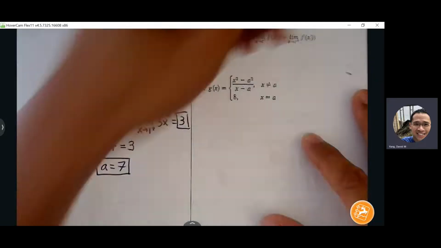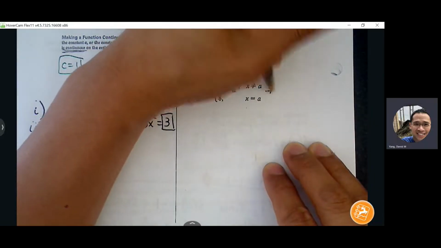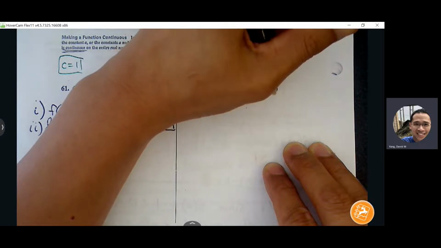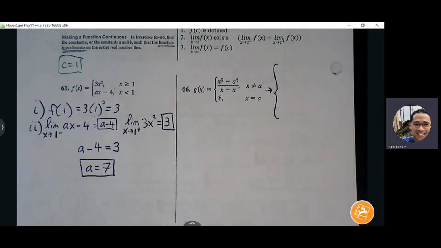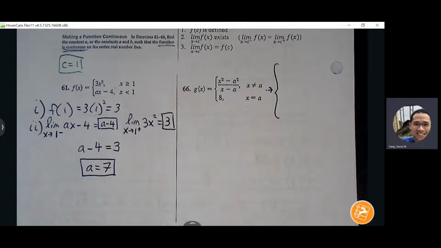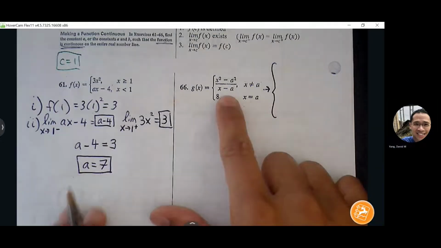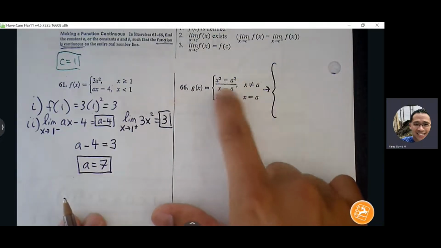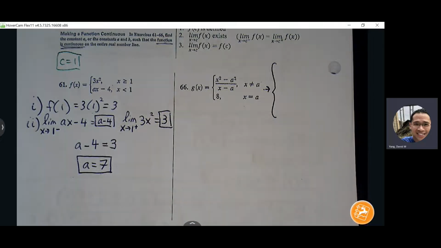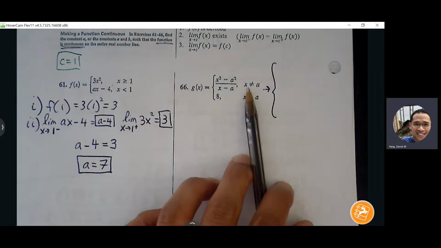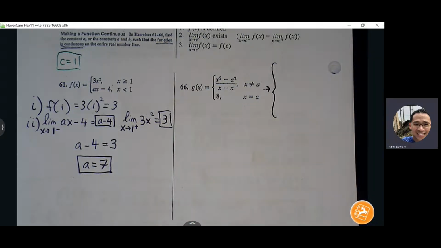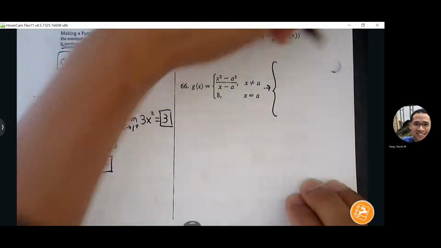If we want, we can rewrite this in a form that feels more familiar. We know that x squared minus a squared over x minus a is where the function is, that's where the graph is. So we can say that x not equal to a means the graph exists to the left of a and it exists to the right of a.